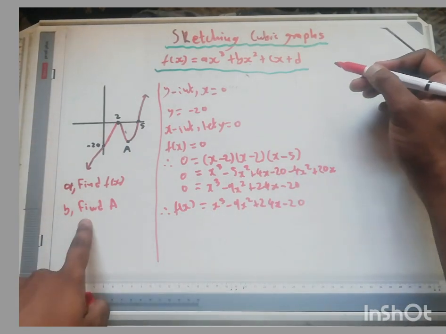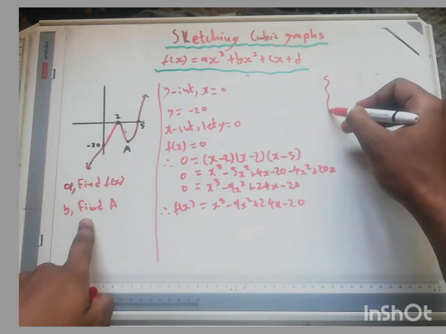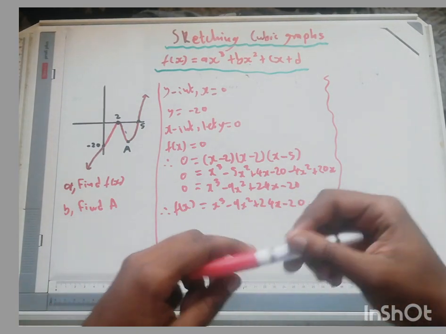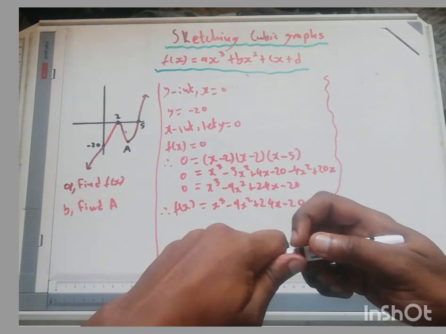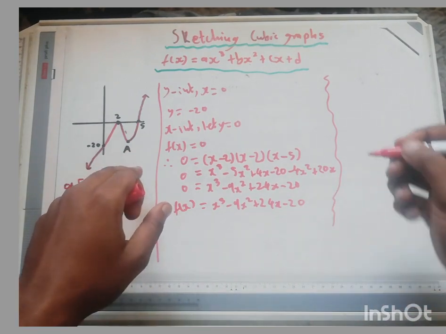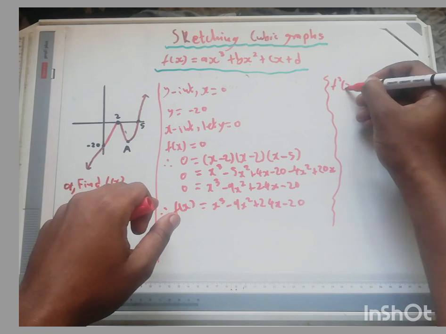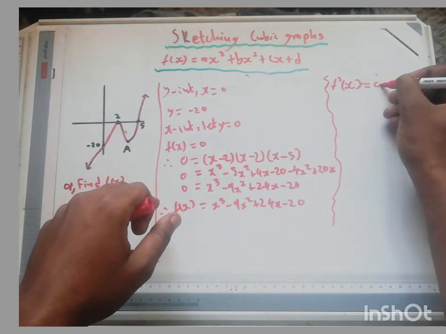And then the second question, they said find A. So let's find A. For A, remember that A is what? It is the turning point. When we find the turning point, what do we do? We find the first derivative, we equate it to 0.